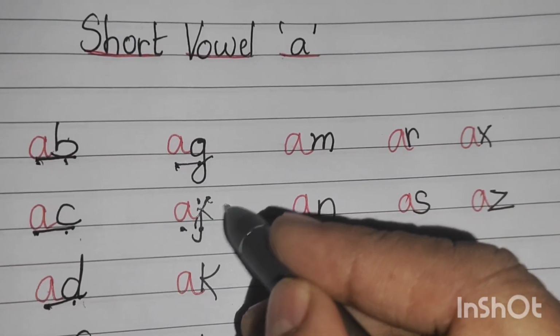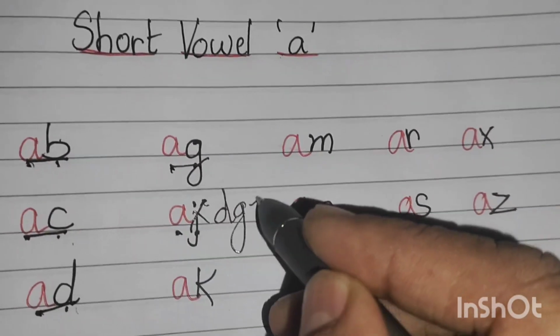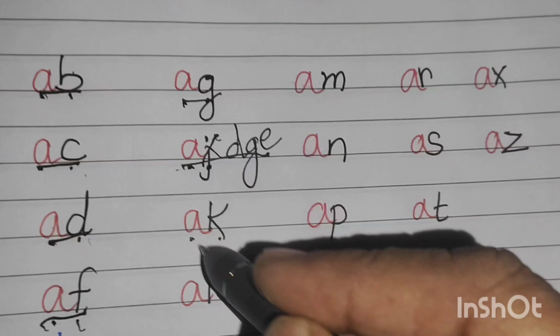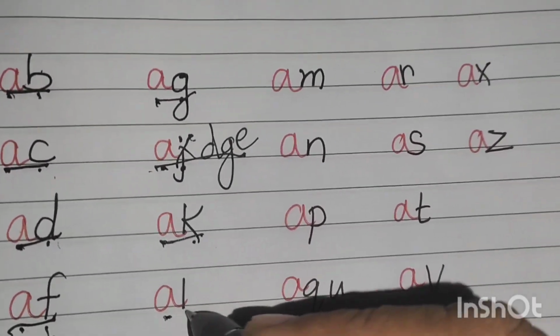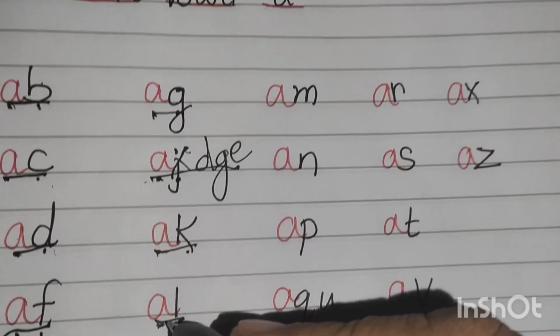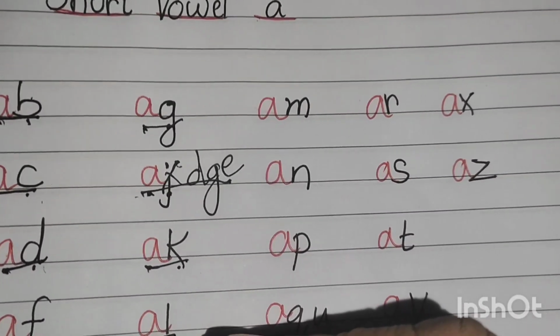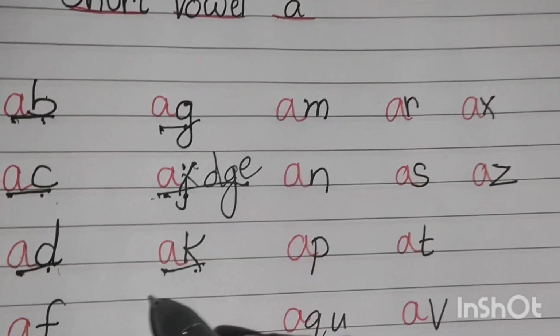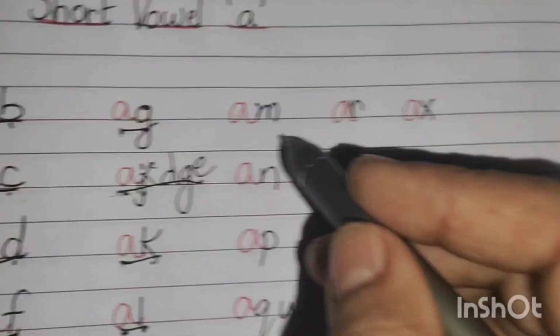Instead of j, we use d, g, e: "aj." A, k, ak, a, il. Two sounds, al and all. Al we use for aluminium, all we use for always. See here, ag, aj, ak, al, all.